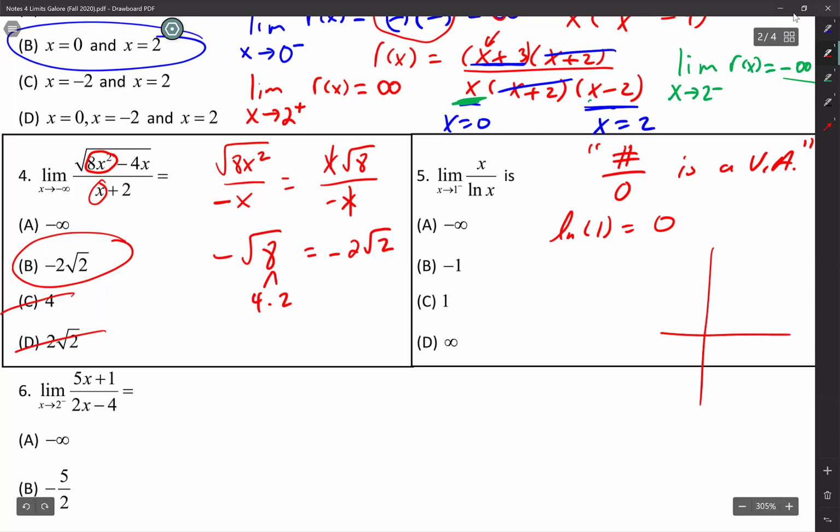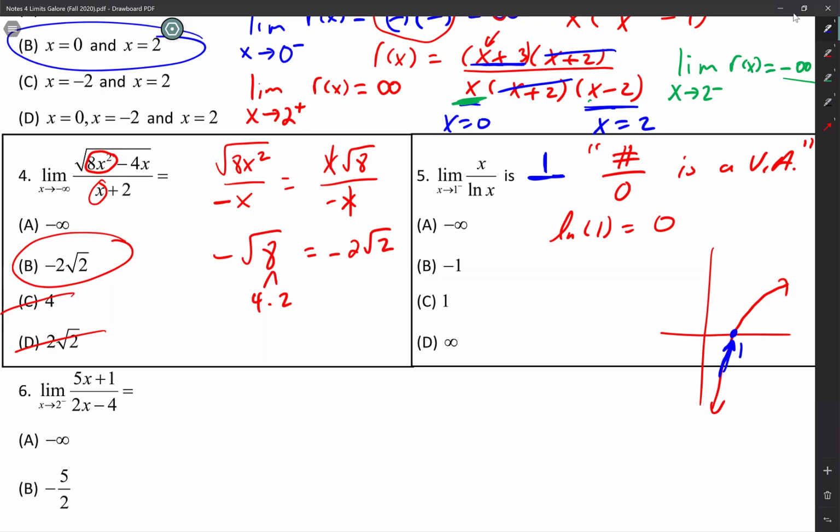So here's how ln looks, guys. Here's 1. I'm approaching from the left-hand side. So that means I'm talking about really, really small negative numbers. See, do you guys see that? So what do I have? I have a number like 1 or really close to 1, 0.9, 0.99, 0.99999. So a number close to 1 in the numerator.